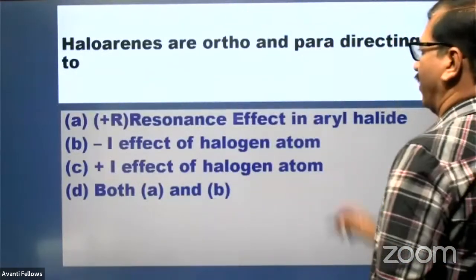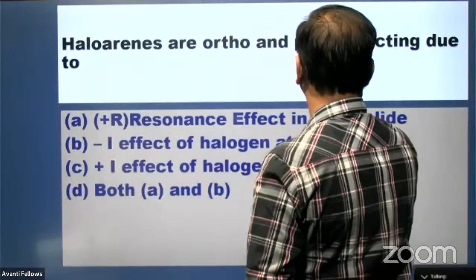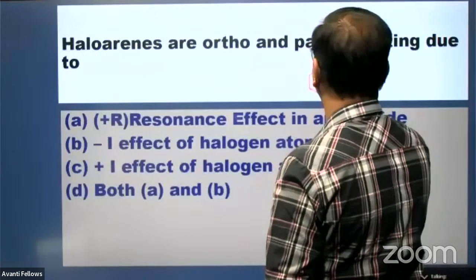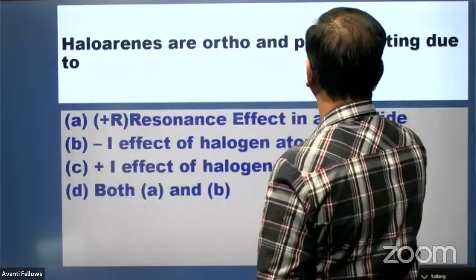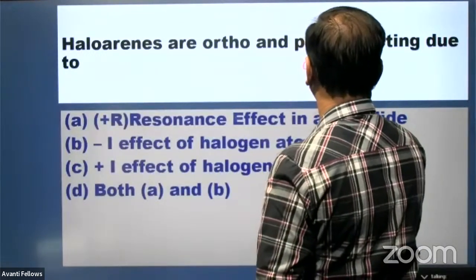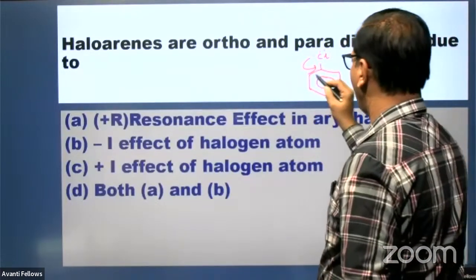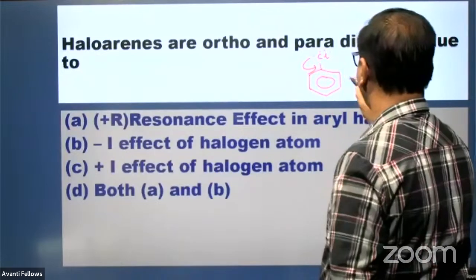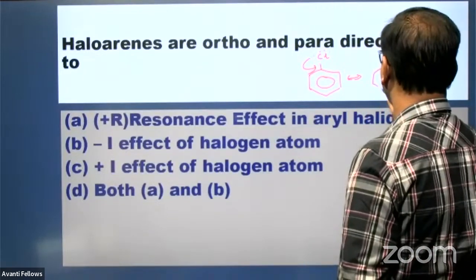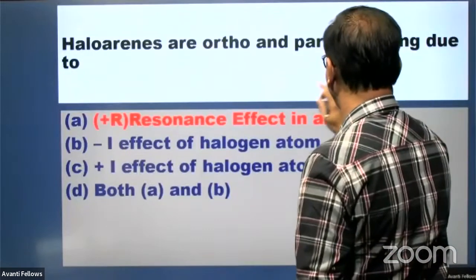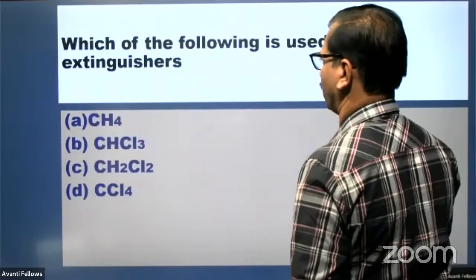So resonance effect is this: due to resonance it takes double bond character and the ortho and para positions are electron rich. So this is double bond, and suppose I write this, the answer has come.